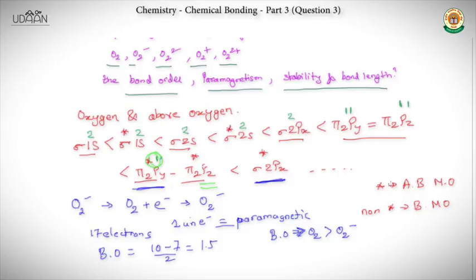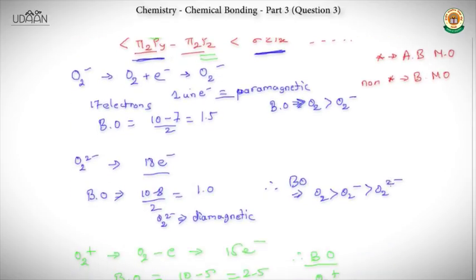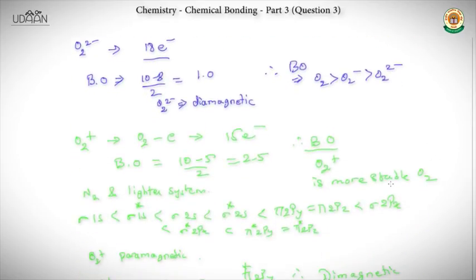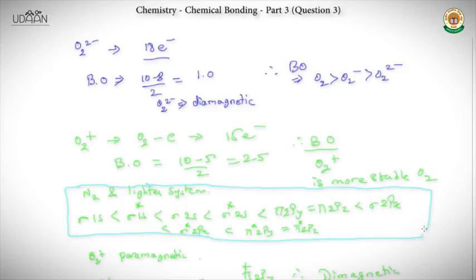Now that this concept is clear, we should also keep in mind the other methodology which is used for N2 and lighter systems, and remember the difference between the two. Very carefully remember that even if it is less than 16 electrons, if it is still an oxygen derivative, you have to continue to use the formula that was mentioned. So now that we know this, let's move on to the next question.